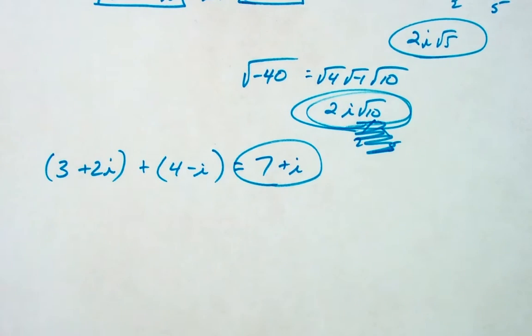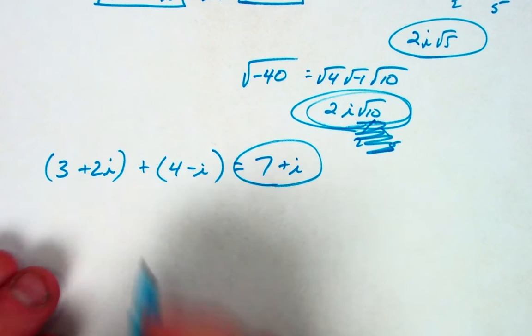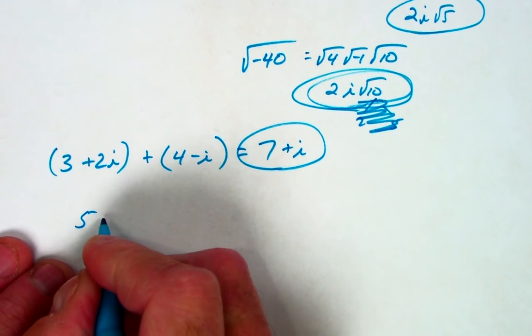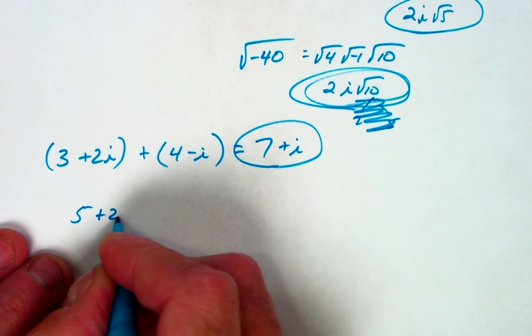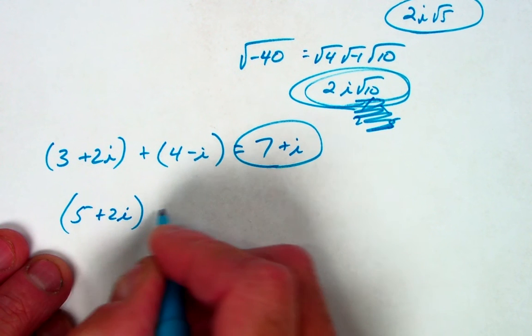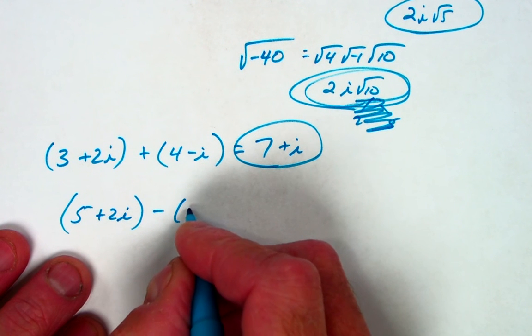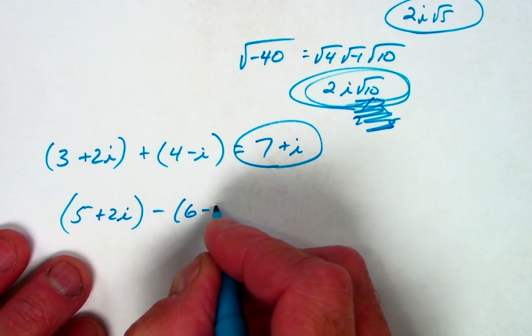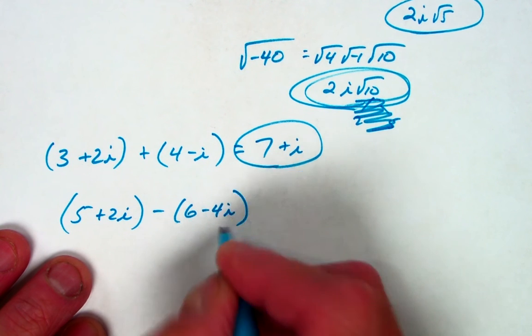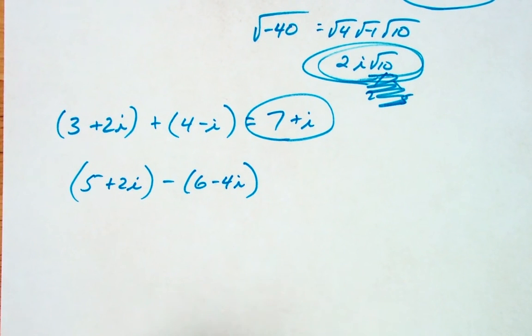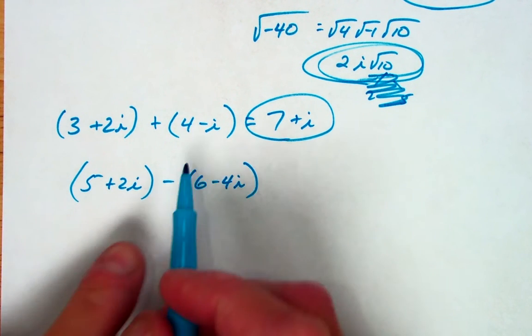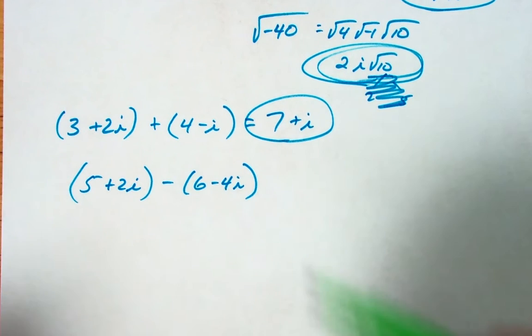We're going to subtract. So if I go 5 plus 2i minus 6 minus 4i. Okay. Here's my recommendation. I would just take this negative and let's distribute it.